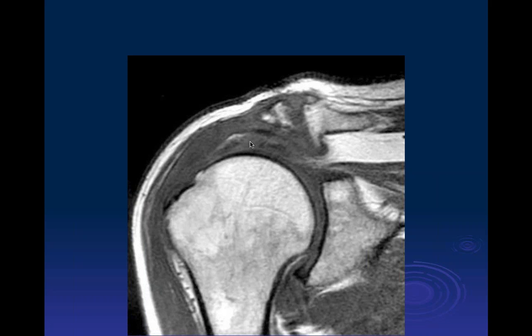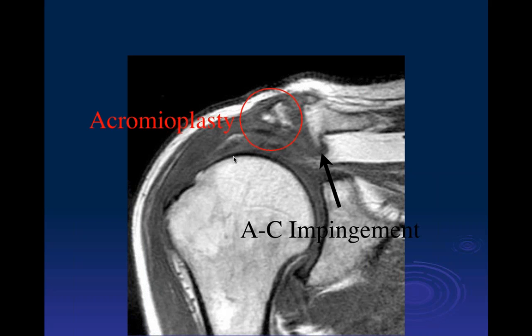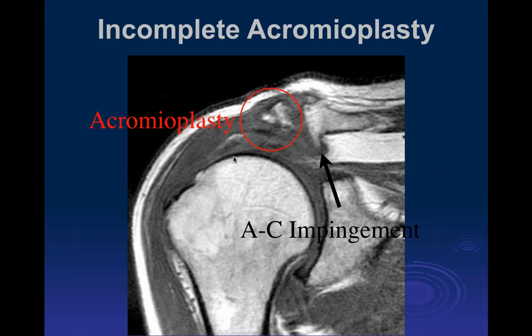But also you'd have to do something with the rotator cuff here. This was just a very large acromioplasty without actually getting rid of all of the causes of impingement. So imaging can be very helpful in directing where the surgery should be.